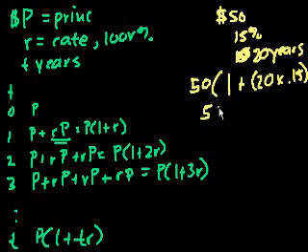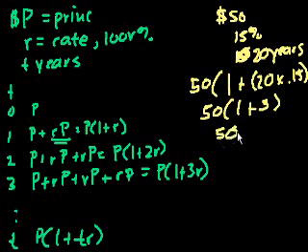And that's equal to $50 times 1 plus, what's 20 times 0.15? That's 3, right? So it's 50 times 4, which is equal to $200 to borrow it for 20 years. So $50 at 15% for 20 years results in a $200 payment at the end. So this was simple interest, and this was the formula for it. Let's see if we can do the same thing with compound interest.